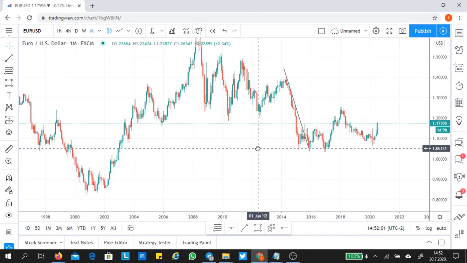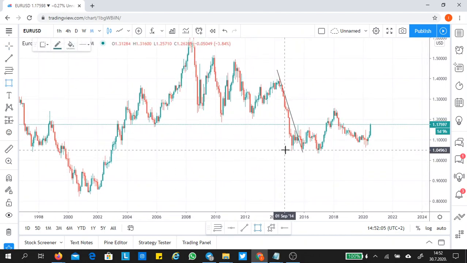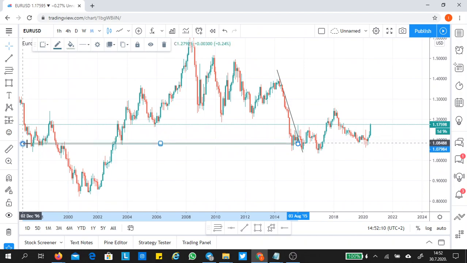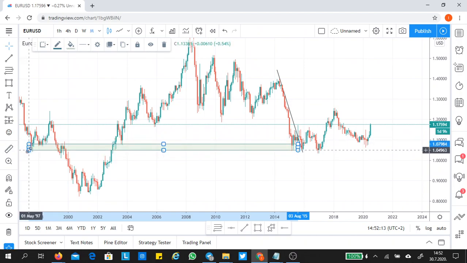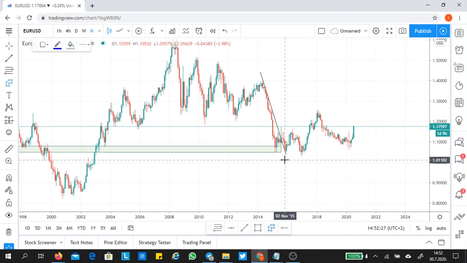Also keep in mind this point when it first stopped, which also corresponds with this one. We don't know the next one that is going to happen, of course. Here is something called an M pattern, which is a bullish pattern.